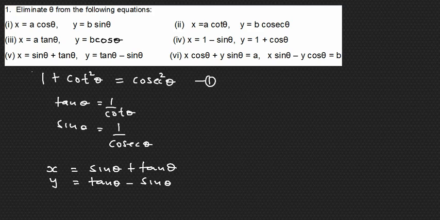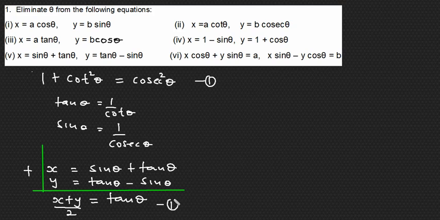If I add these two, what happens? When I add them, the sine disappears, I mean with 2 tan. So we shall get x plus y equal to 2 tan theta. So which can be written as tan theta equals x plus y, then I divide by 2.